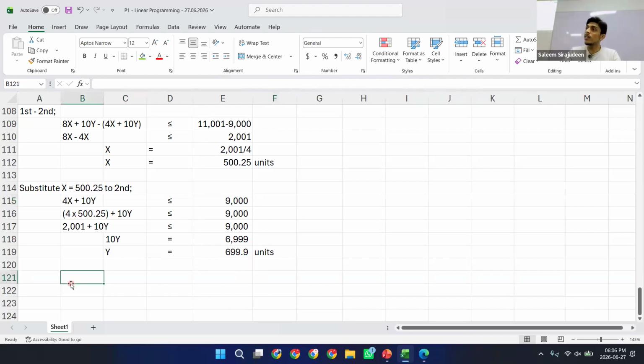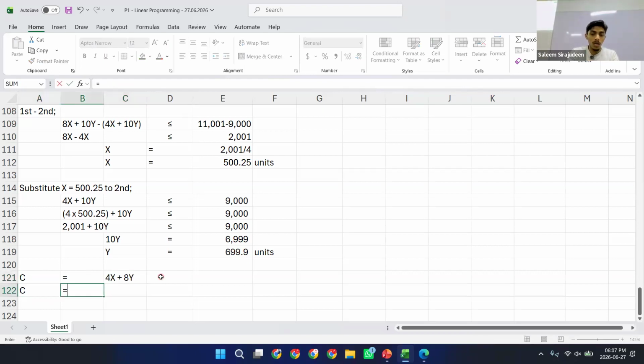Now we have to find the total contribution. What's the contribution formula we have learned? C equals 4x plus 8y.